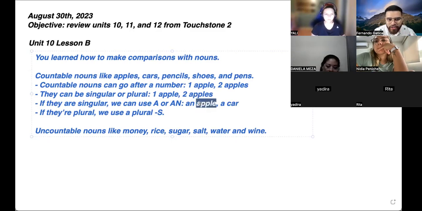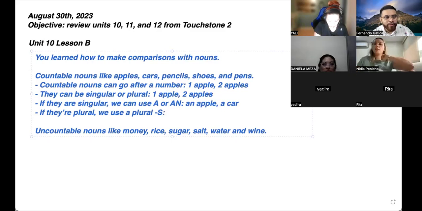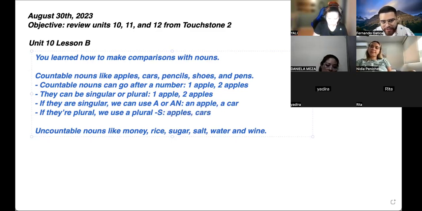If the word starts with the vowel sound, it's an apple. If the word starts with the consonant sound, it's a car. A car, an apple. And if they're plural, we use the plural s, right? Apples, cars.